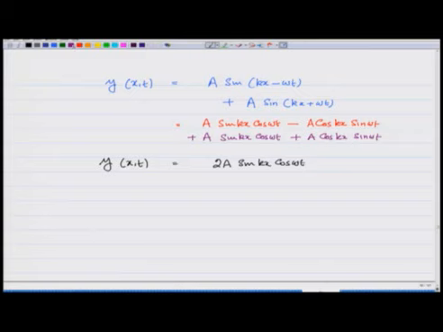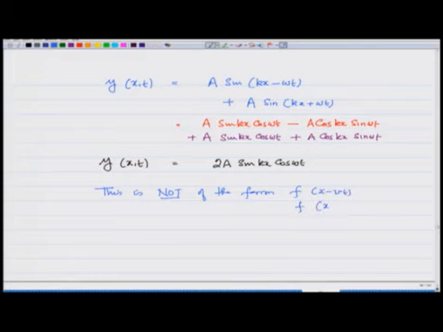Now, this is not of the form f of either x minus v t or f of x plus v t. So, x and t are not coming in the combination of x minus v t or x plus v t or t minus x over v or t plus x over v, but they are separated. So, what does it represent?